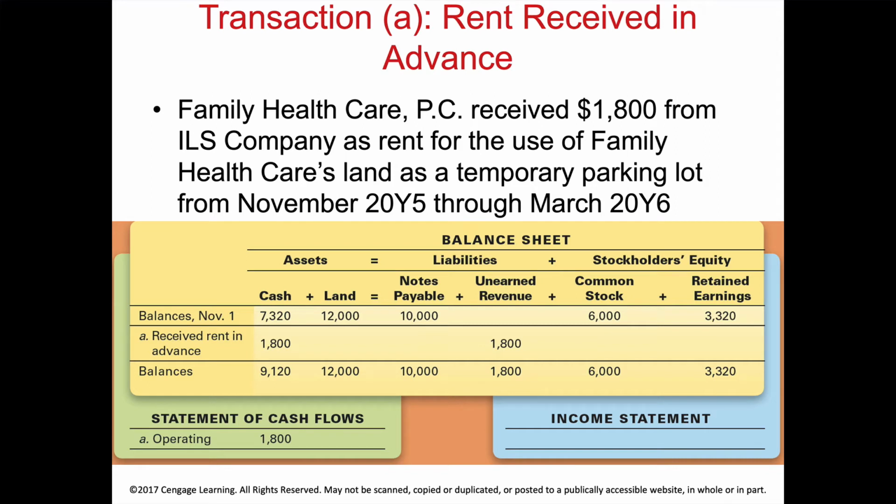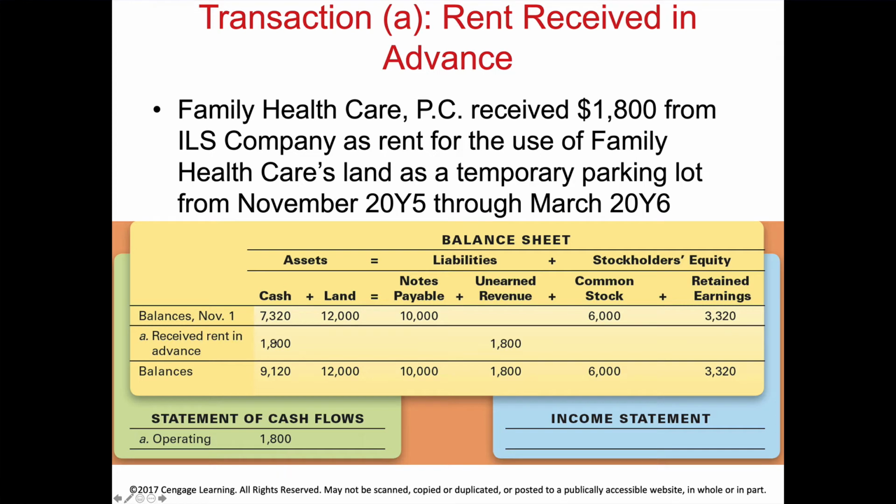Right, so they got $1,800 in cash, right? But they haven't earned that revenue yet. This has to go into a liability category called unearned revenue. They got this money and they owe $1,800 worth of value in rent to ILS Company. Okay, so it's an unearned revenue. It's a liability. They owe that.